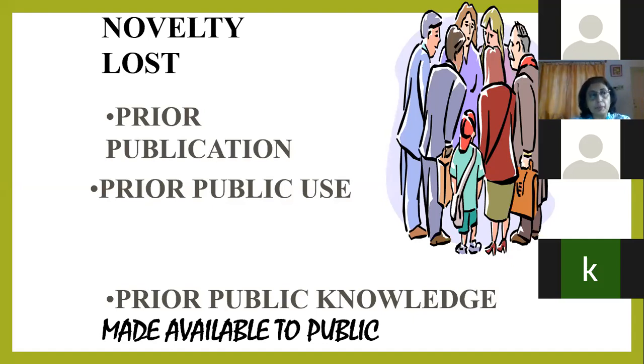However, for public use, you do not take in secret uses. Like somebody had made a locker in his house to keep stacks of money, but that was not disclosed to anybody. Now, that sort of locker cannot take away the novelty of something which is later applied for a patent, because that use was not in public, or it was rather a secret use.